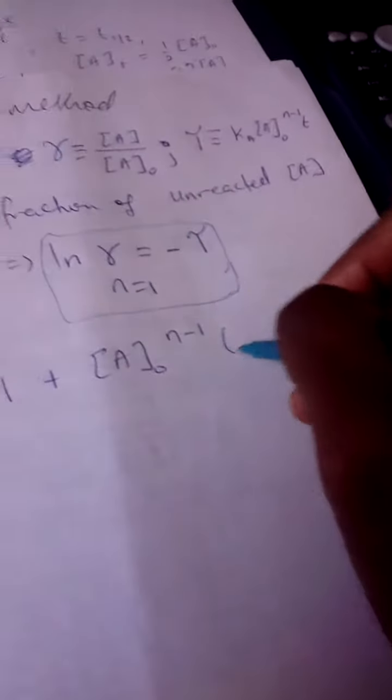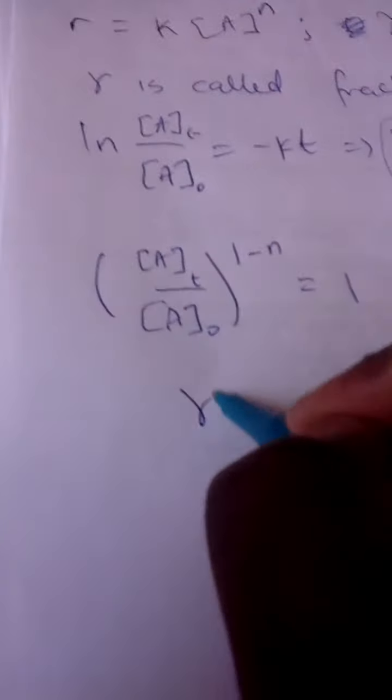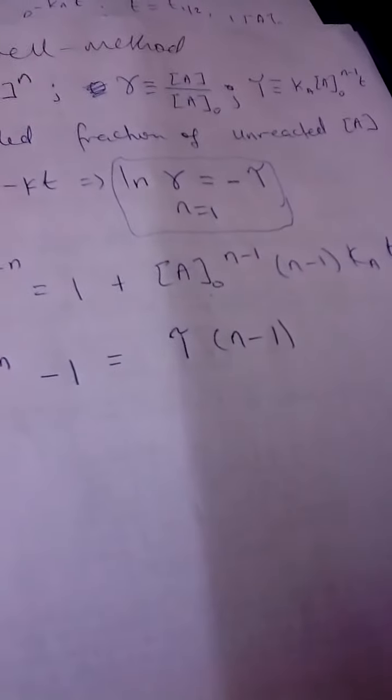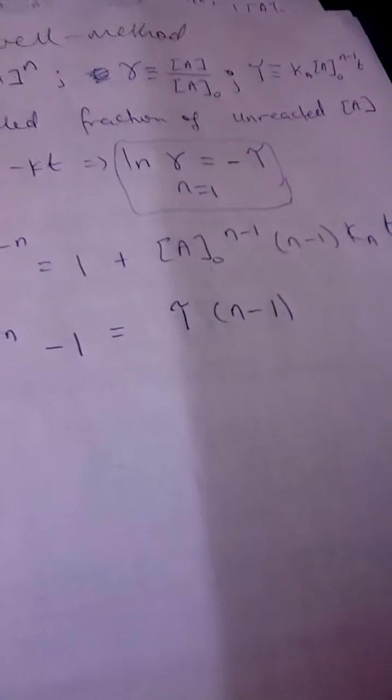With lambda plugged in and calling k A0^(n-1) t tau, we have that lambda^(1-n) equals (n-1) tau plus 1.